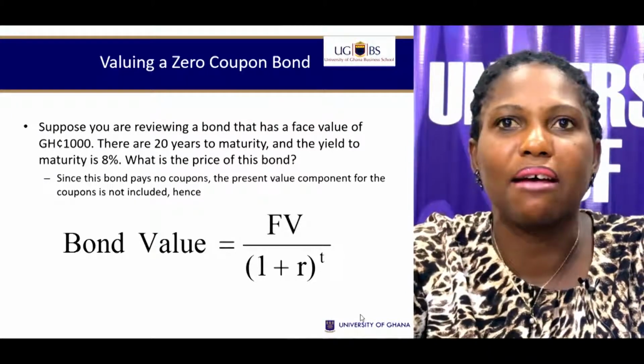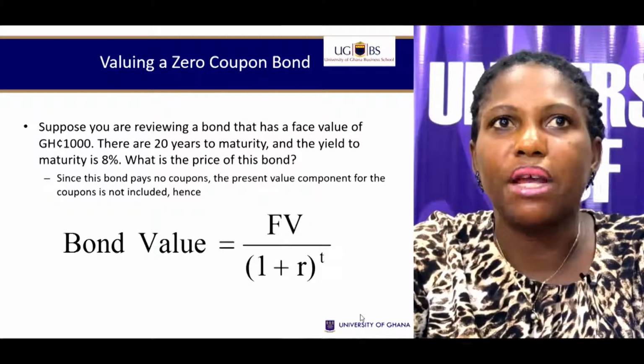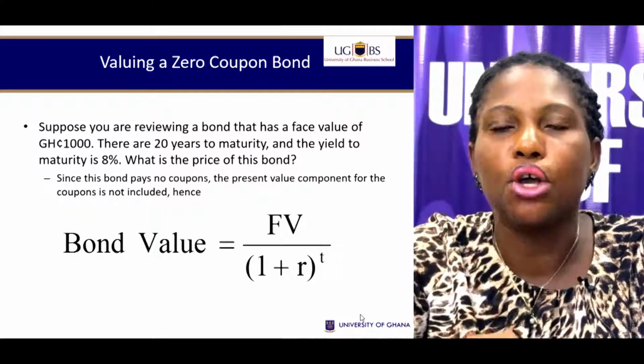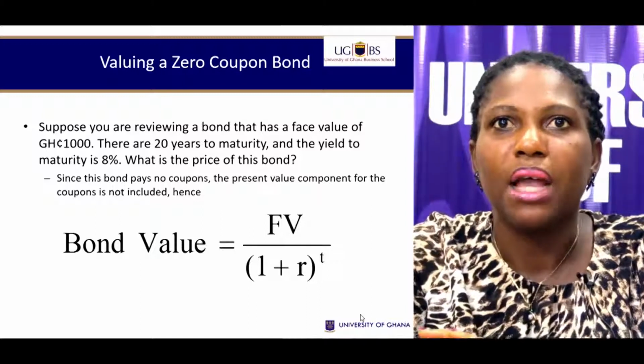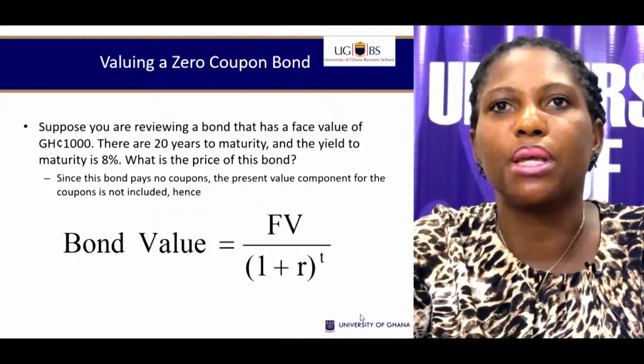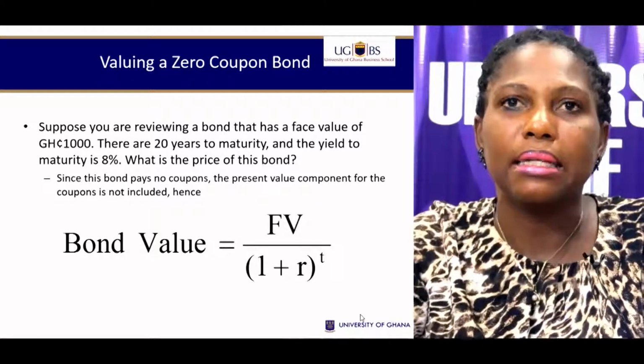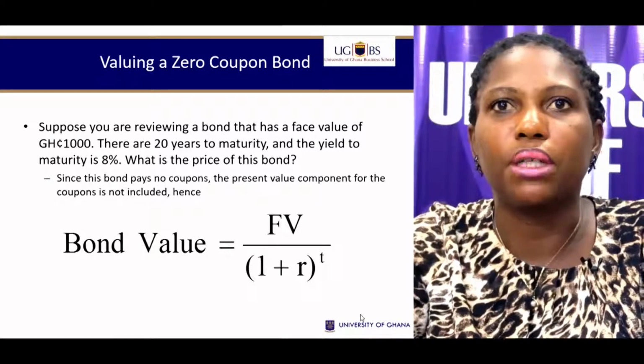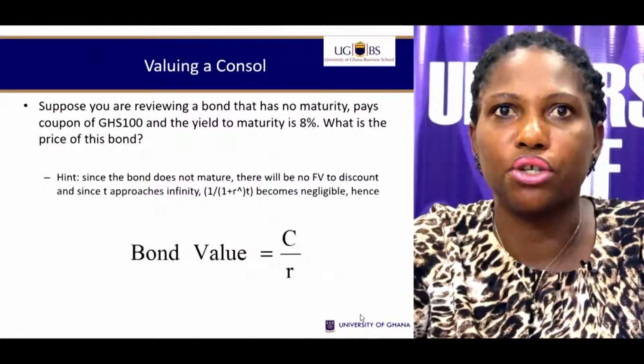So this is what we have as the formula. In that regard, we normally say that these bonds are priced at a discount to the face value. And so the inherent value to be attained by the investor is the difference between the price paid today and the value for which the bond is redeemed when it matures.